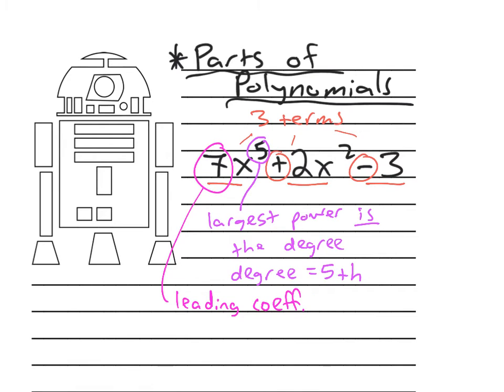So leading coefficient here is just the number 7. Okay, don't forget, this will always be with the largest power. Okay, it's the coefficient of term with the largest exponent or power.